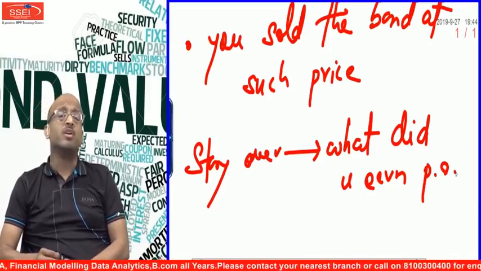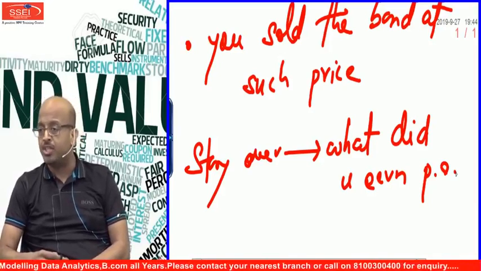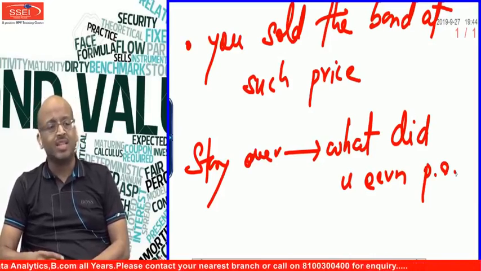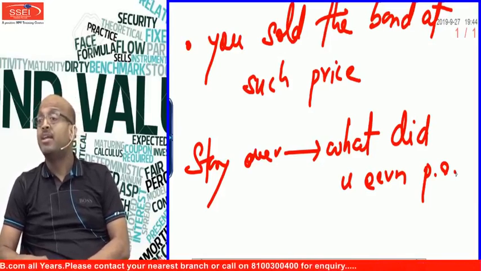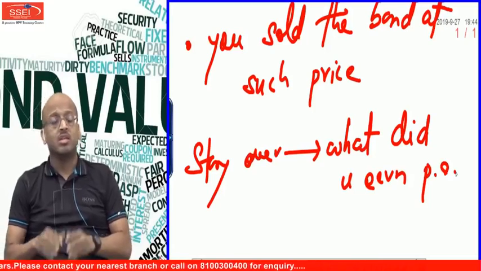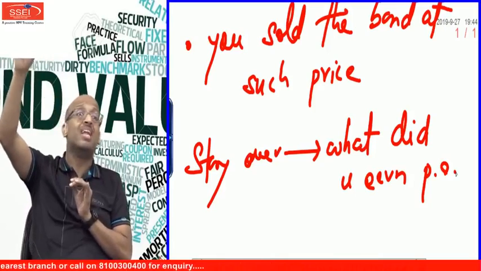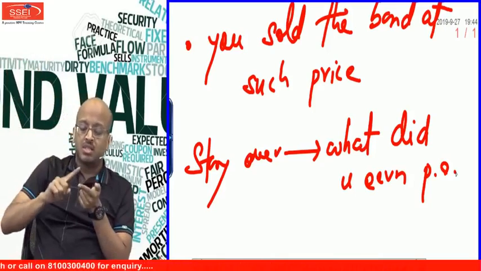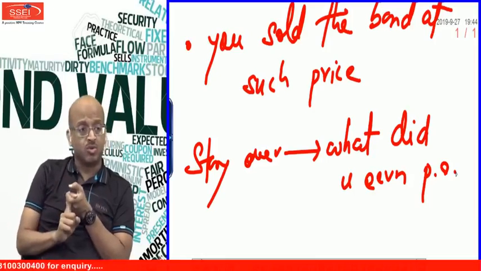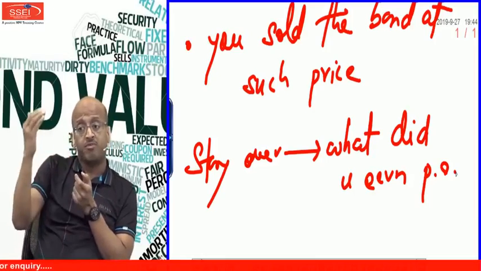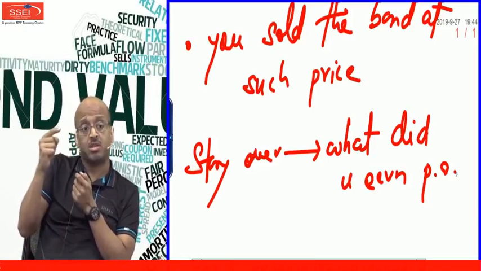Now, since I'm not wanting to compromise while teaching the batch at all, I'll also tell you one thing. Active managers, they do what? They do scenario analysis, which means, okay, I'll buy the bond now at P0. I will hold it for 7 years, future.